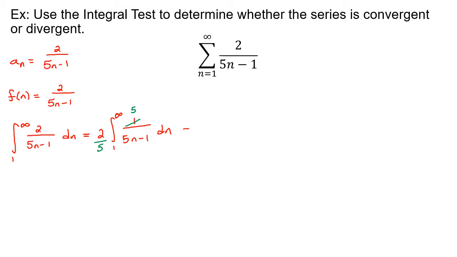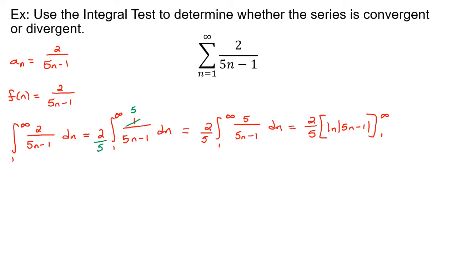And that makes this a logarithm. And so this will just turn into 2/5 times the natural log of 5n minus 1 between 1 and infinity. Just like that.